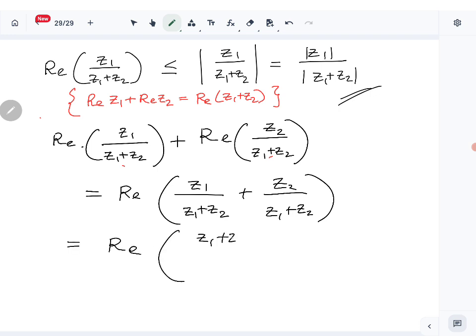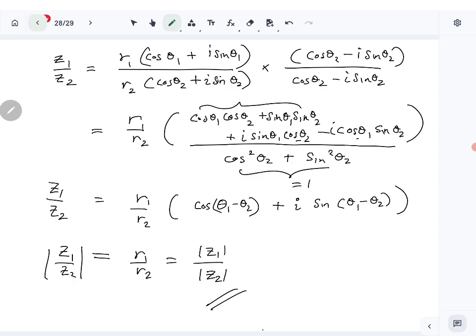So this becomes what? What's the complex number inside? Real 1. So that is just 1. So there's the proof of that one, right?